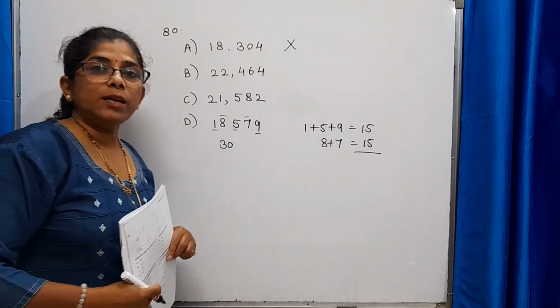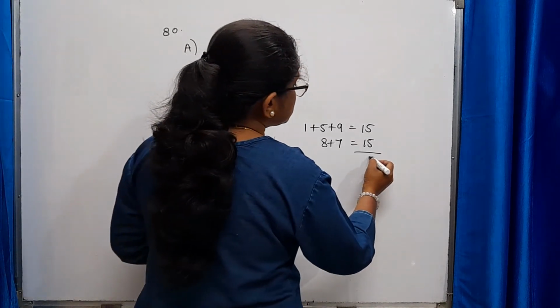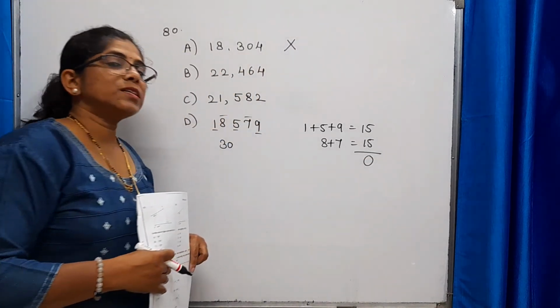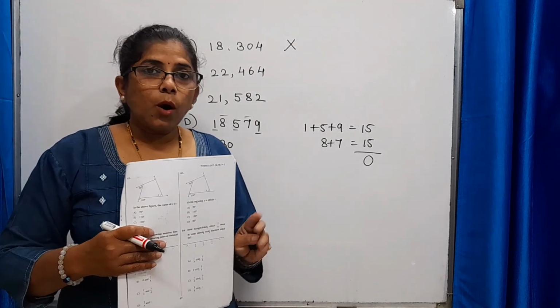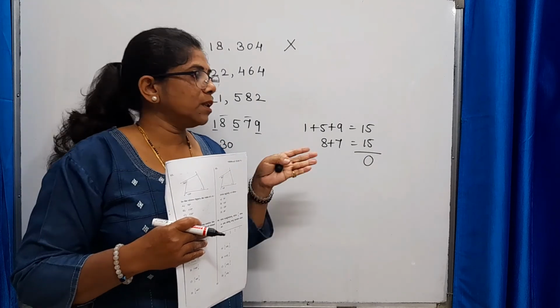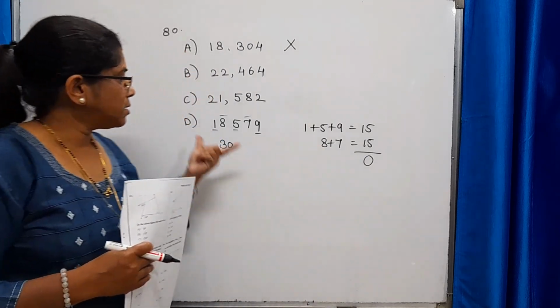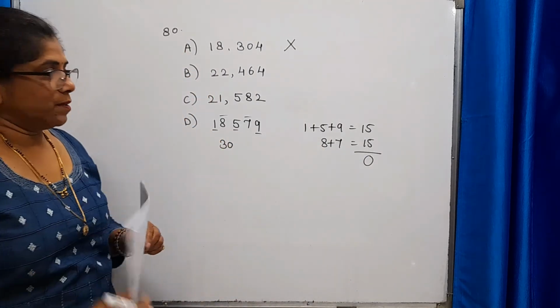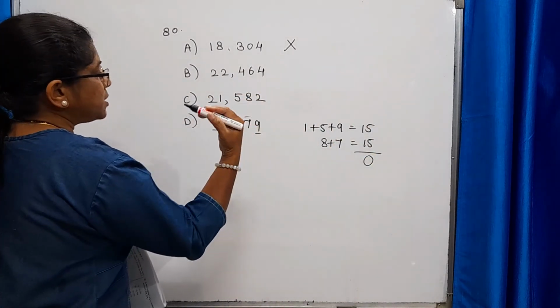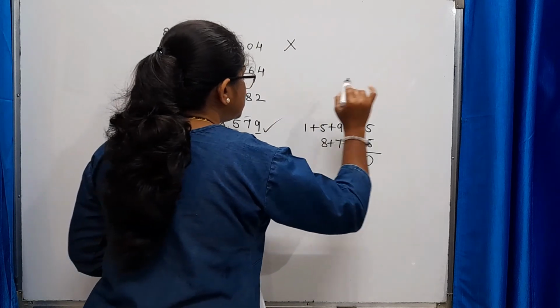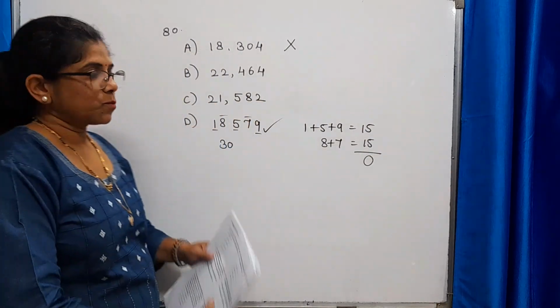And we have to find the difference of these sums, which is 0. If this difference is 0 or a multiple of 11, that means 11, 22, 33, then the number is divisible by 11. So as the difference is 0 here, this number, 18,579, is divisible by 11.